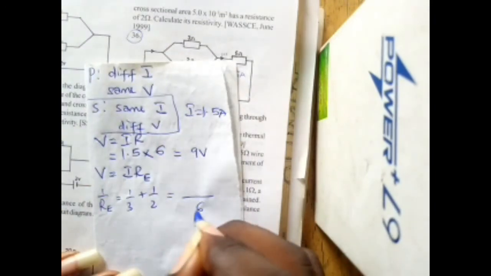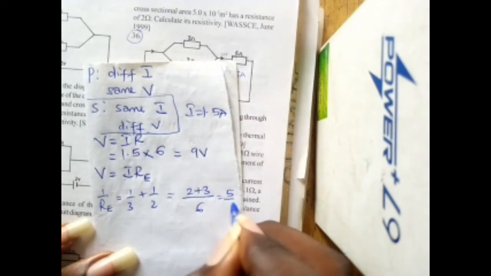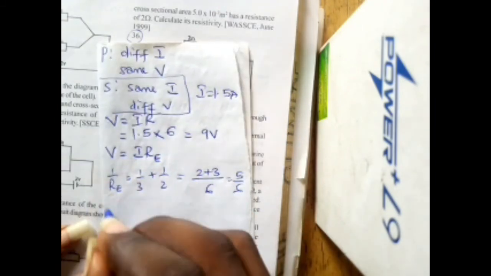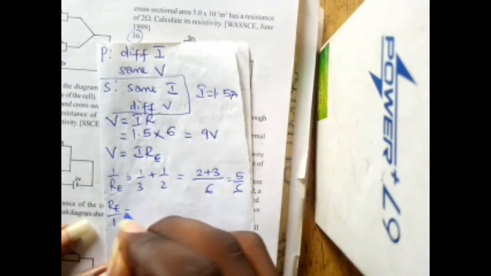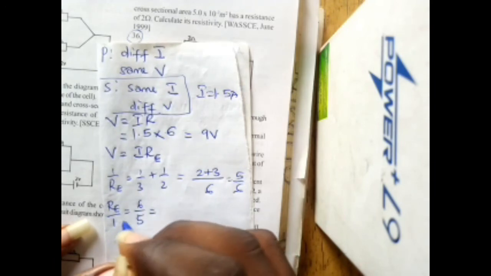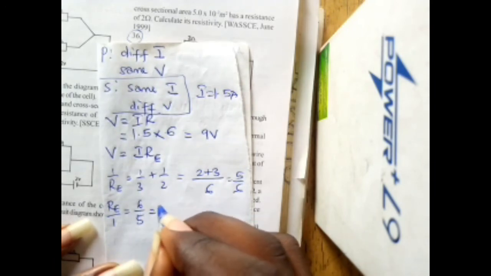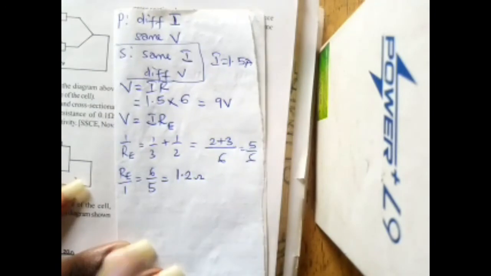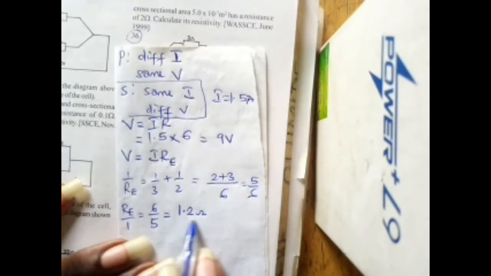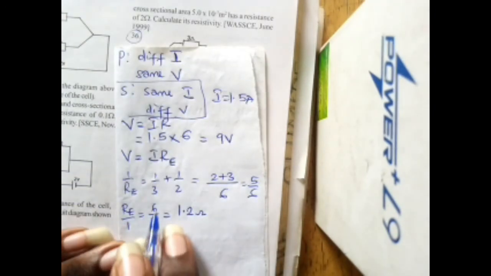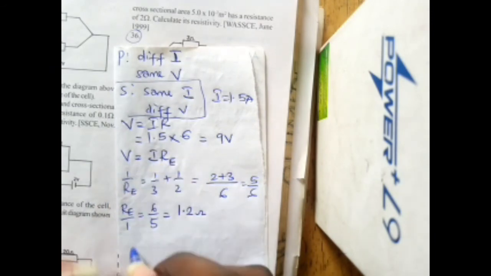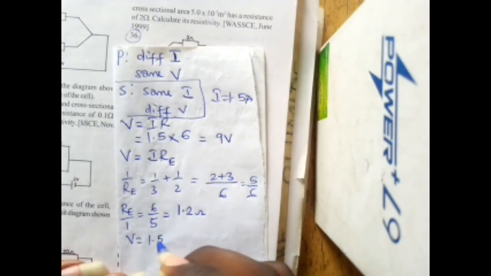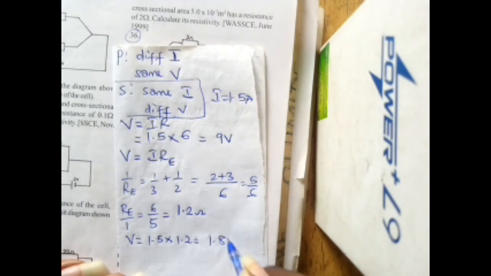So that will give me 6 into 2 plus 3, which gives me 5 over 6. So the effective resistance over 1 is 6 over 5. It gives me 1.2 ohms, which is the effective resistance. So back to this, 1.5, which is the current, multiplied by 1.2, gives me 1.8 volts.